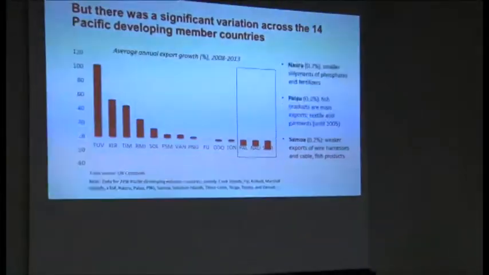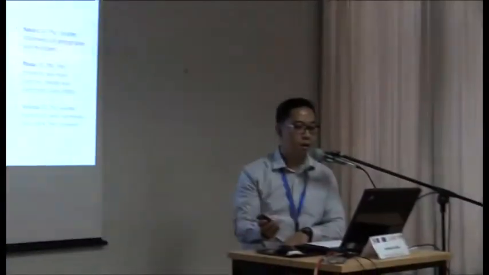In the data sets, you have shipments on LNG, which would push these exports moving forward. And the not so good performers, you have Nauru because of smaller shipments in phosphates and fertilizer, Palau, and Samoa with weaker exports on wire harnesses, cable, and fish products.